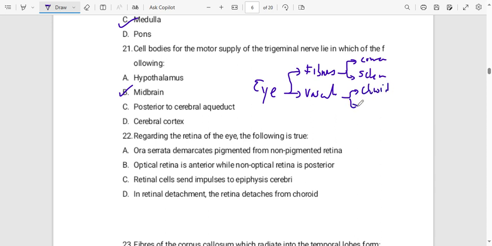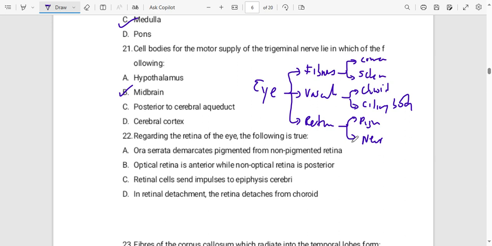As you go anteriorly you have the ciliary body that contains those muscles. And then you have the retina, which has the pigmented layer and the neural layer, where you find the rods and the cones.